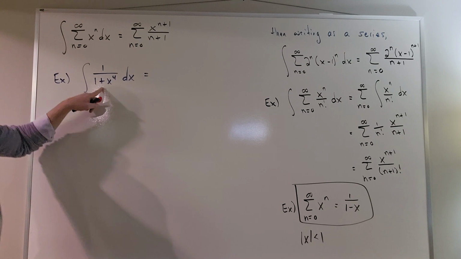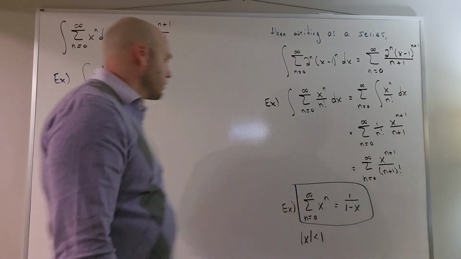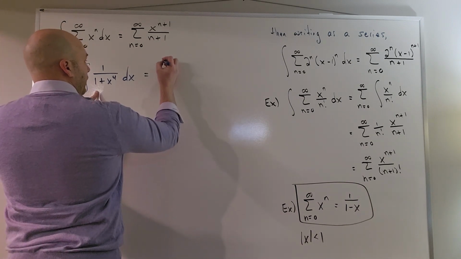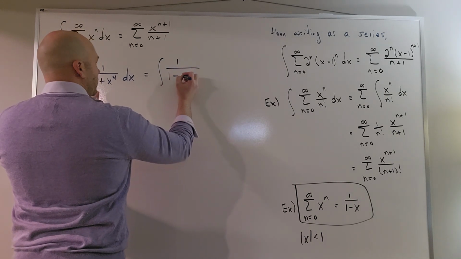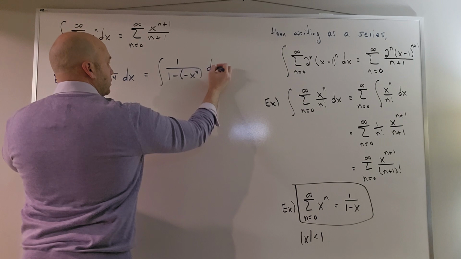Well, if I match this expression, the integrand, up with what I have in this box, let's look at the following. I can write this as the integral of 1 over 1 minus negative x to the fourth dx.